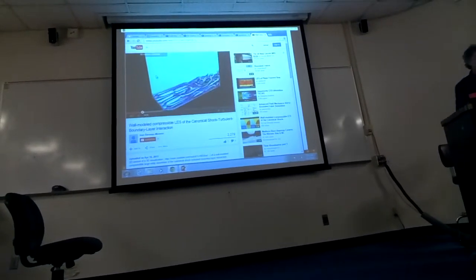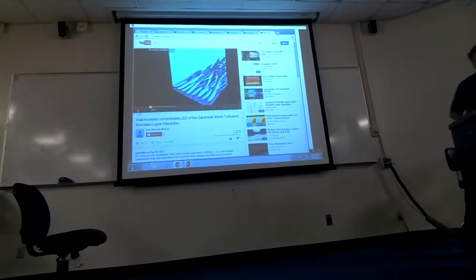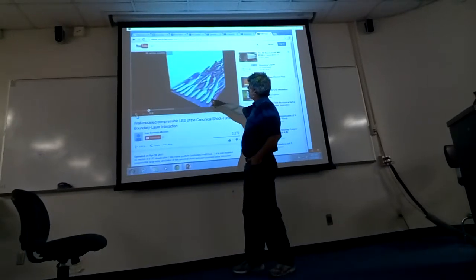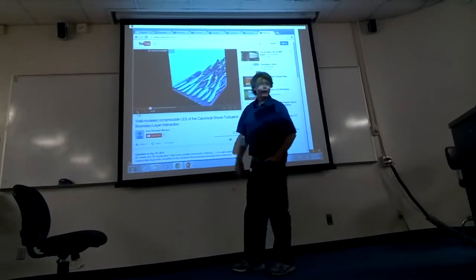Okay, there are streaks. Here, this is a numerical model, and the lighter colors represent high velocity.